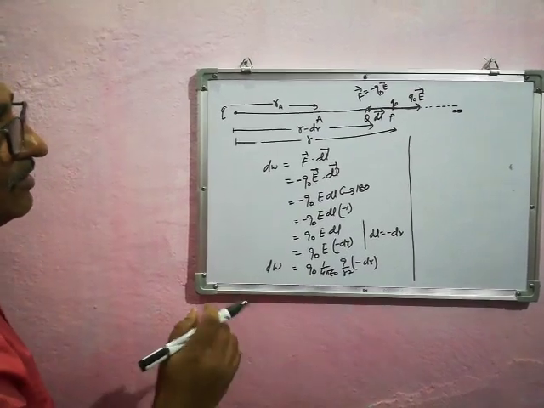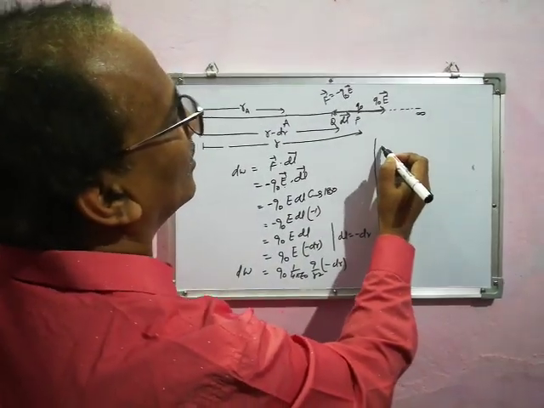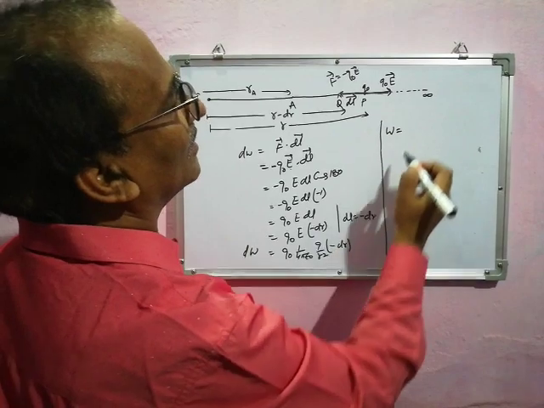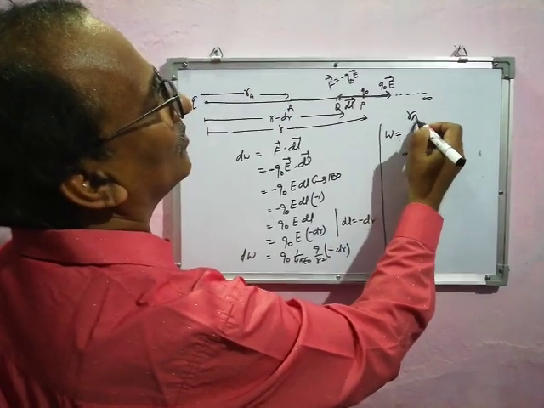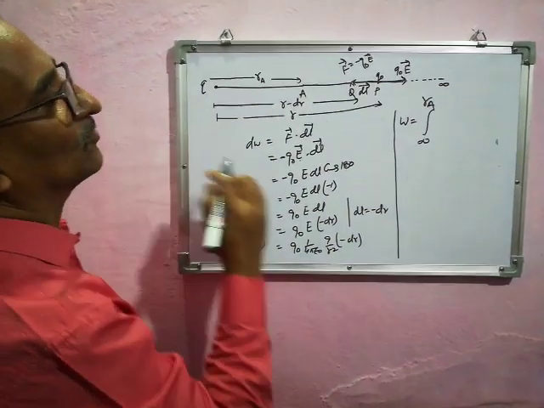But according to the definition, we have to calculate the total work done, from infinity to the point A, which is at distance RA from the source charge.